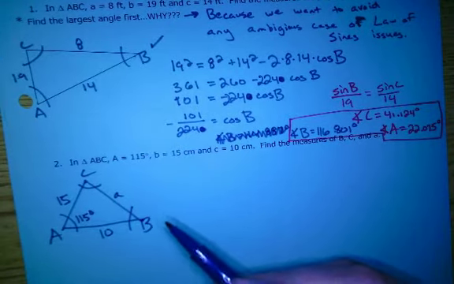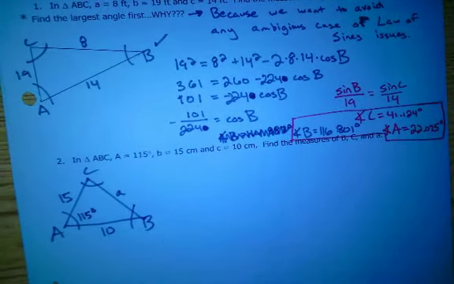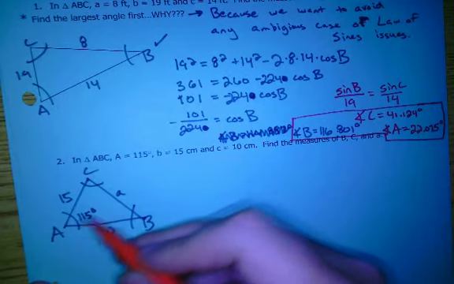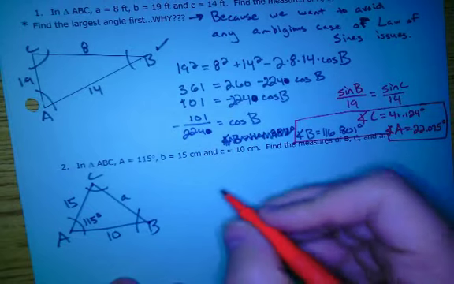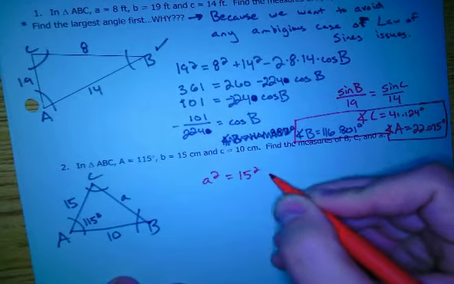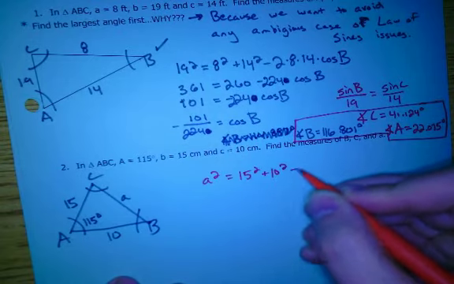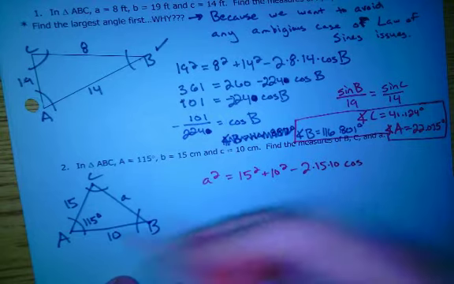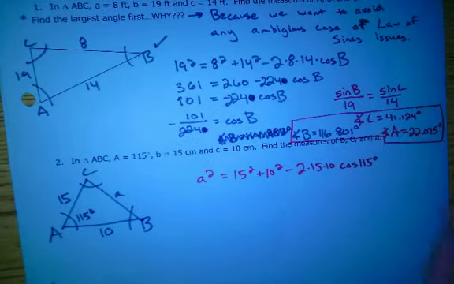So I'm going to quickly find A, and then I can use that for law of sines for the rest of them. So using law of cosines, because we have side, angle, side. We're going to get A squared equals 15 squared plus 10 squared minus 2 times 15 times 10 cosine of A, which is 115 degrees.